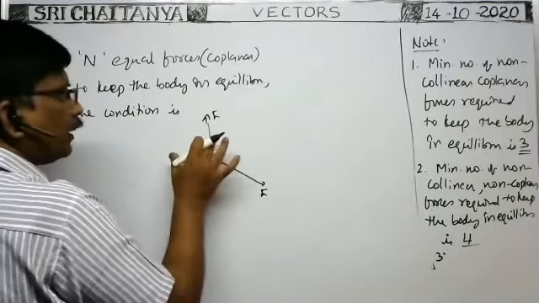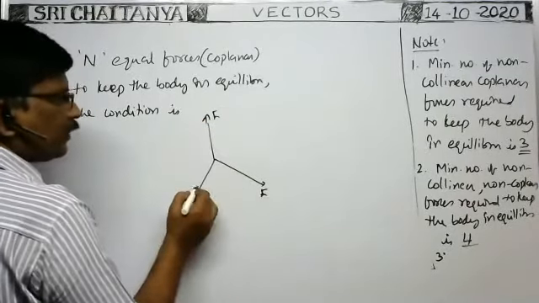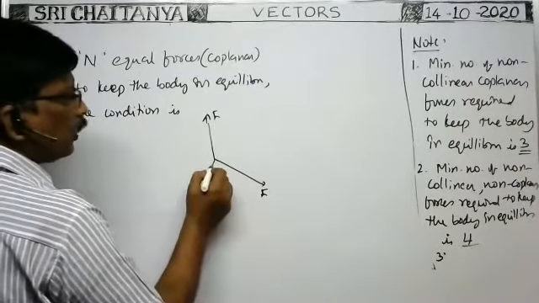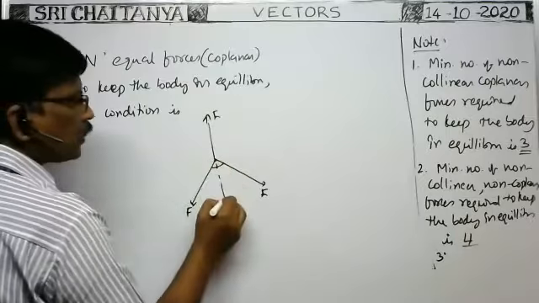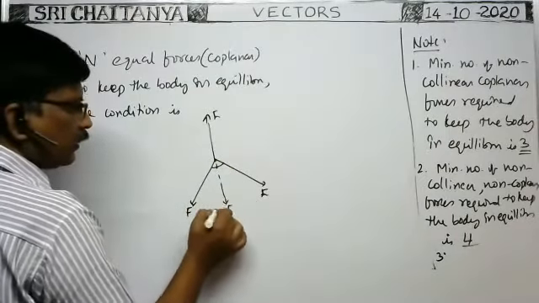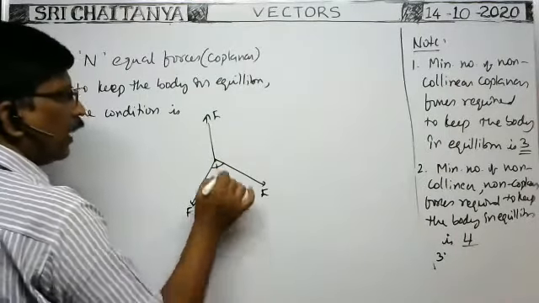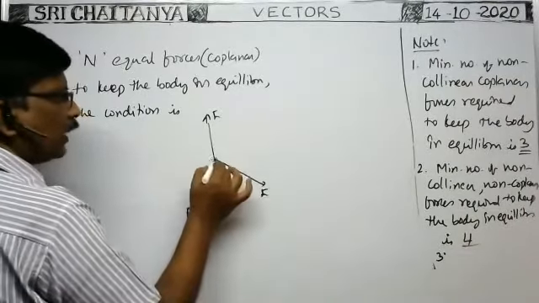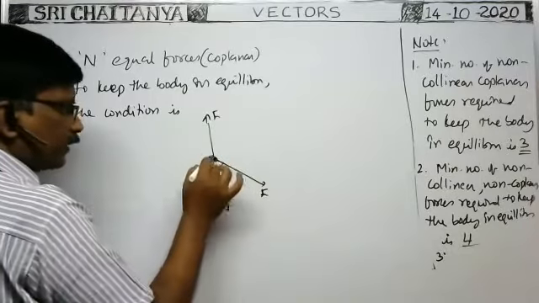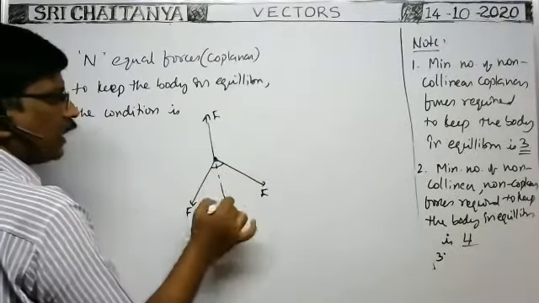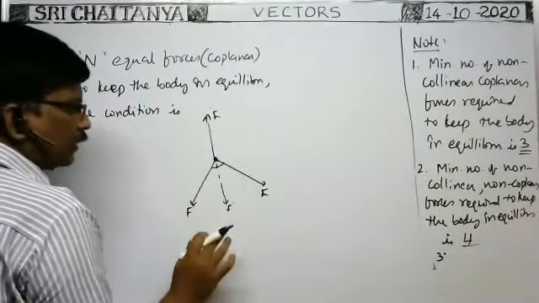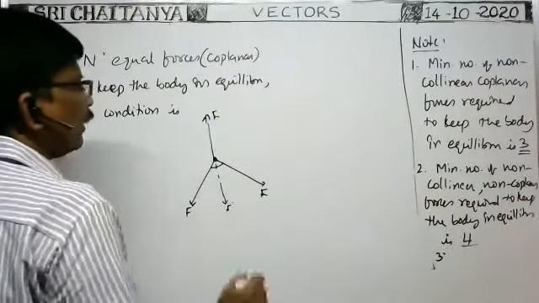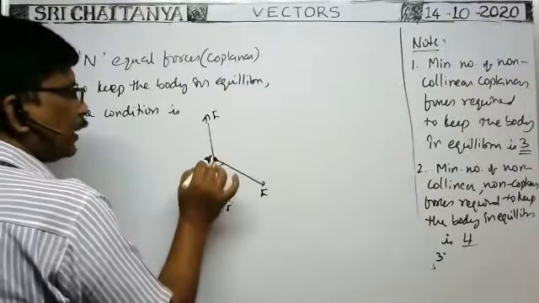To keep the body in equilibrium, definitely the resultant of these two must be equal to F and exactly opposite to the third. The resultant of these two is F, opposite to the third, so just forget these two. At this point, this F acts in this direction and this F acts in this direction, exactly opposite. So these two cancel each other and the net force becomes 0. It is possible whenever all these 3 forces are symmetric about this point.